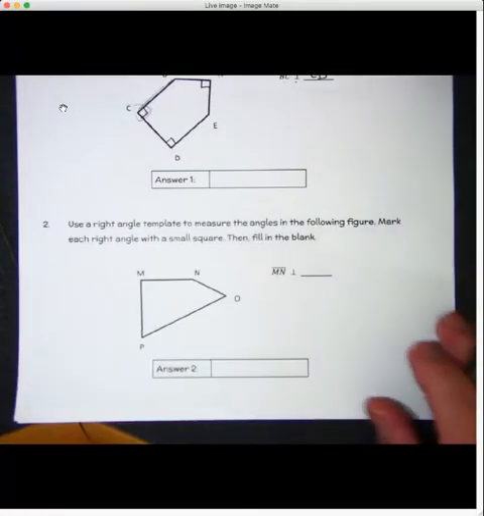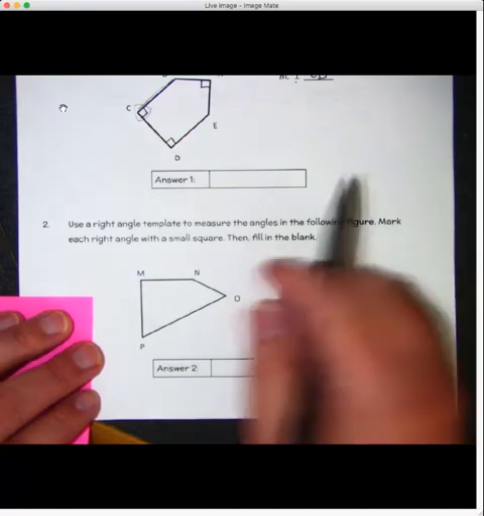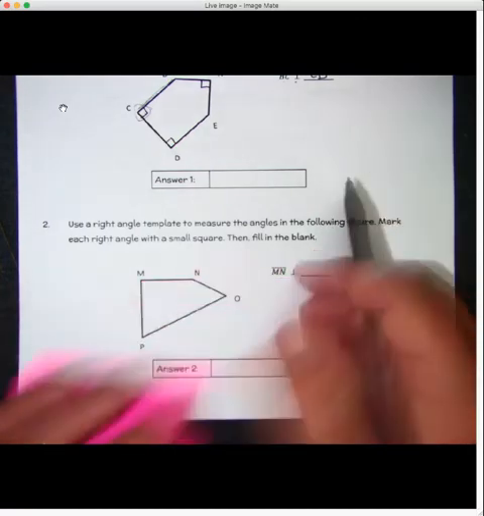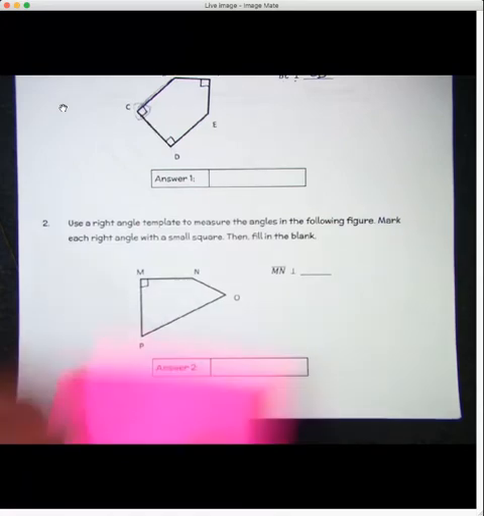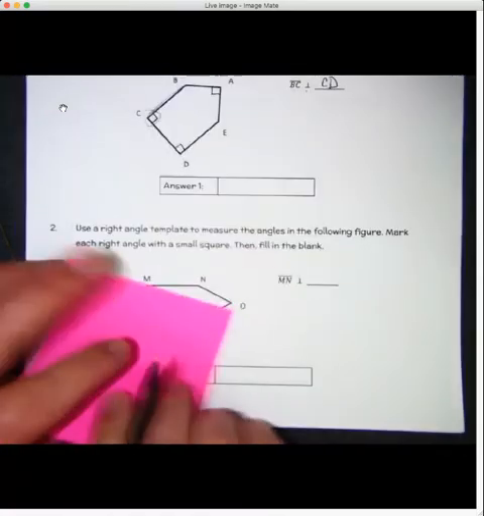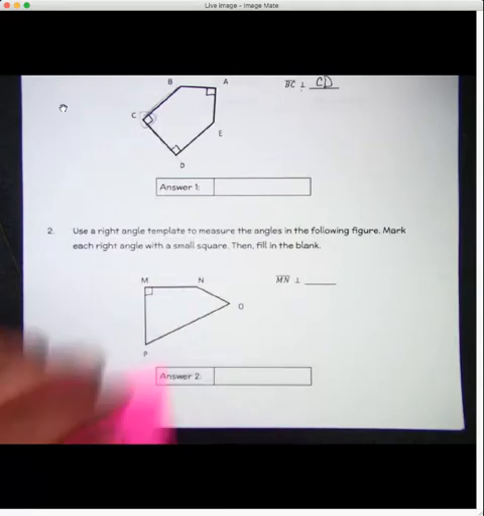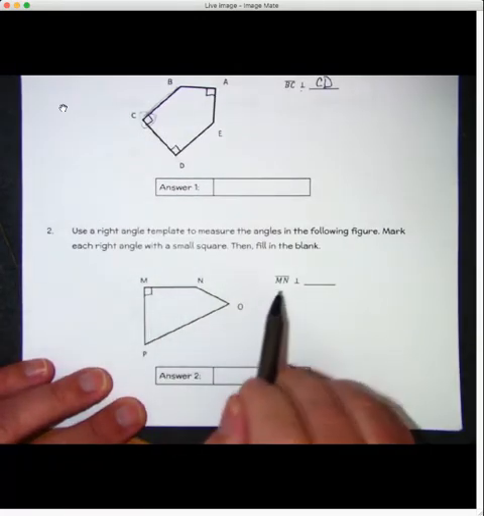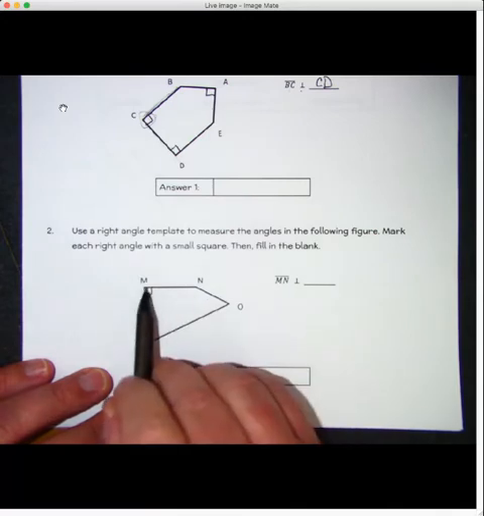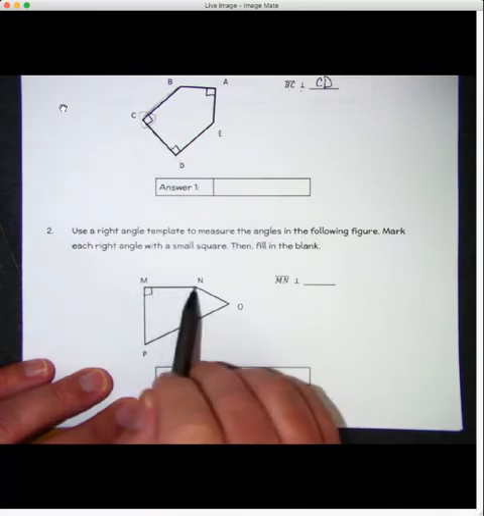Okay, we're going to do the same thing on this one. And so let's find the right angles. There's one right here. Is there any more? No. So there's only one right angle on this guy. And so we know one of the line segments that makes a right angle is MN.